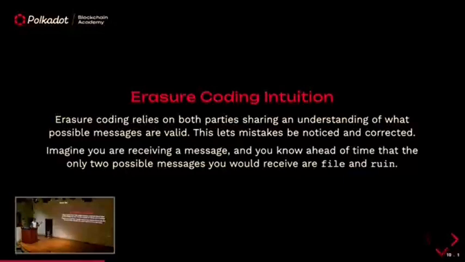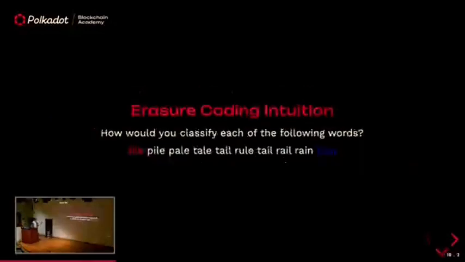It must have gotten corrupted in transit. How would you classify each of the following words if you received it? Which one of the possible words do you think it would be? If you receive pile, do you think originally someone tried to send ruin or tried to send file? Probably you would think this was originally file, because just the P changed to an F and you get what was sent originally.